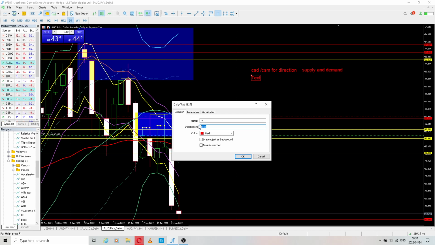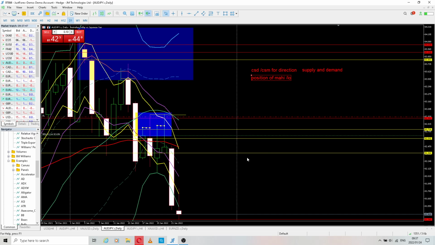So you look at the position of your mahi or malo, mahilo. The position of your mahilo, guys, is important as well.